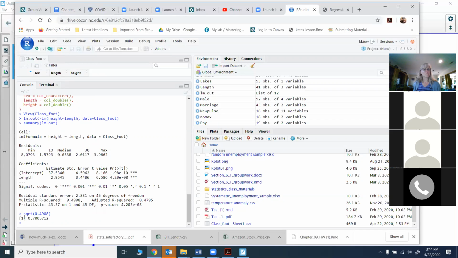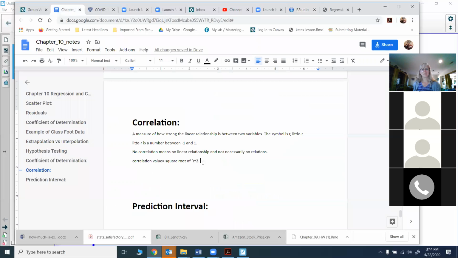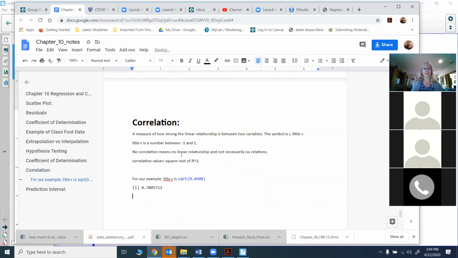So our value, if we did this and calculated what our little r value is in this case, is that number right there. So 0.7. Can you interpret that?